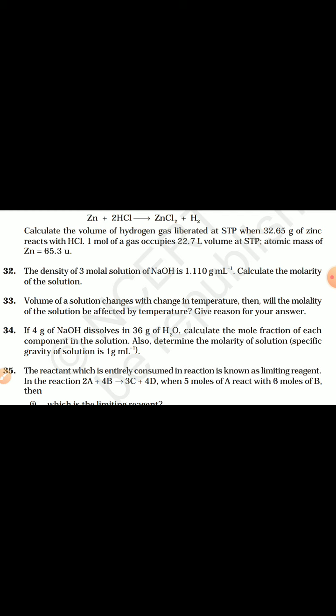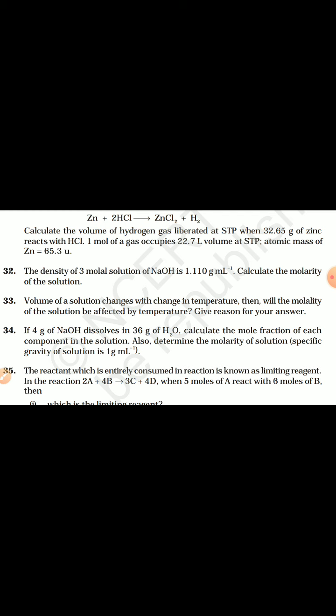In liters. Now for calculating the volume of the solution, I have the density formula.